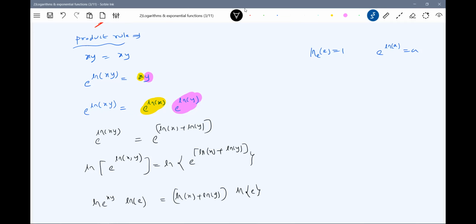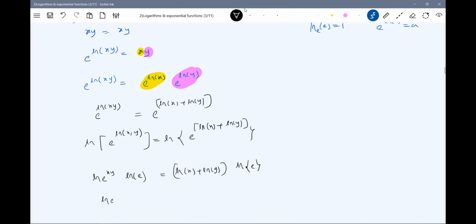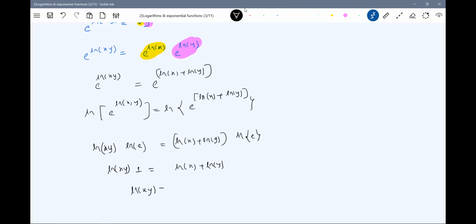Log e to the base e should be equal to 1. So finally, what is the result now? Log of xy equal to log x plus log y. So log ab is equal to log a plus log b.